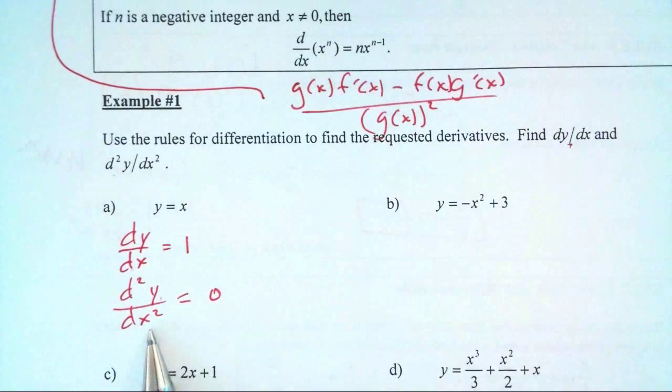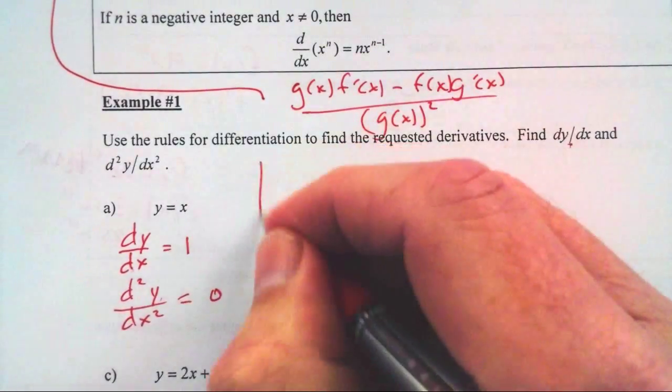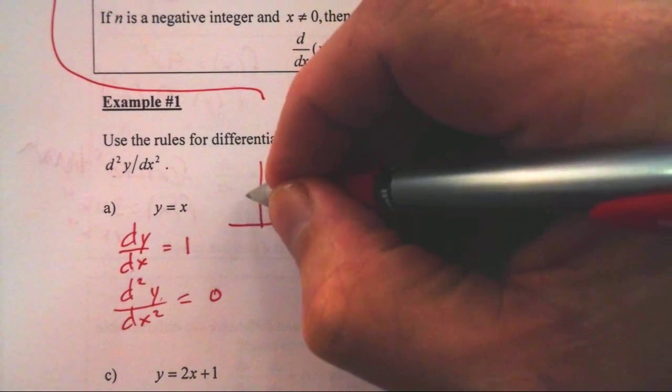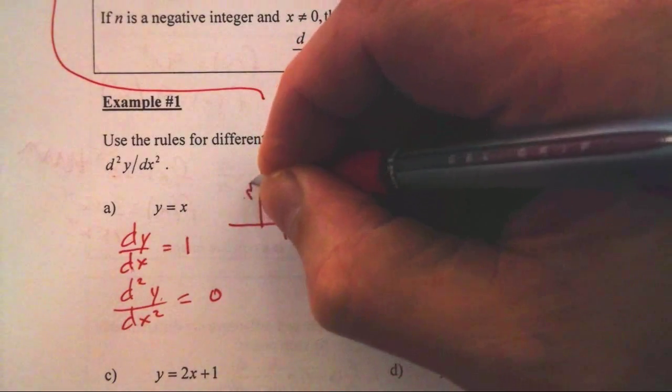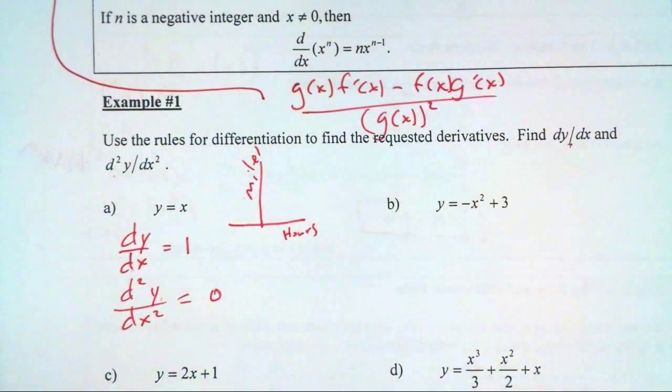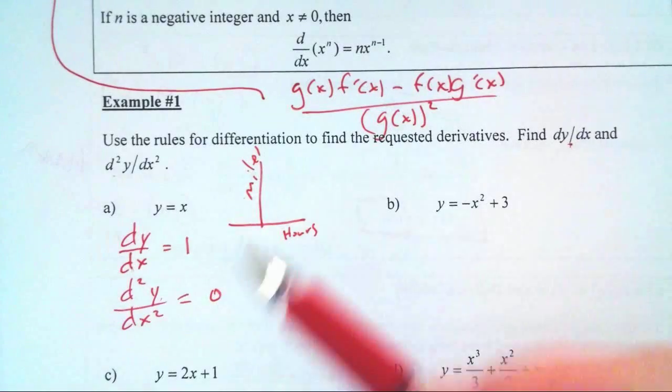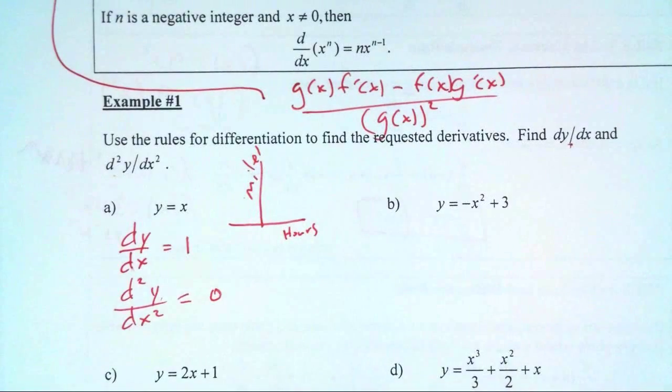Now, why would we find the slope formula? Well, the slope, let's say we were dealing in, this is hours, and this is miles. Do we understand our slope is miles per hour? And no, can't cheat, physics people, don't just yell it out yet. If I take the second derivative, it's miles per hour per hour.